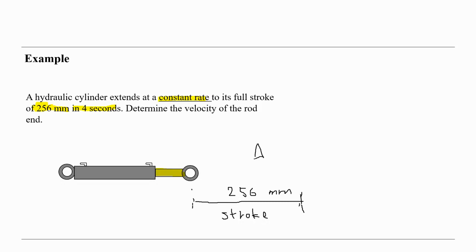That means delta R, the displacement, is equal to 256 millimeters. And the time, delta t, is equal to 4 seconds.